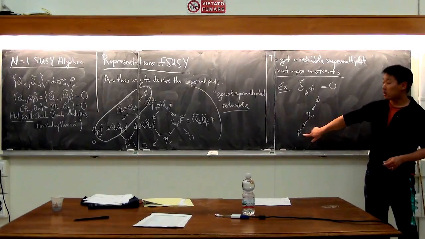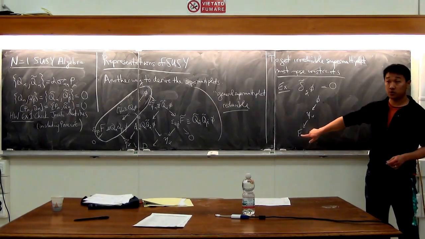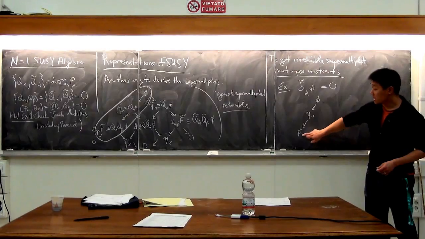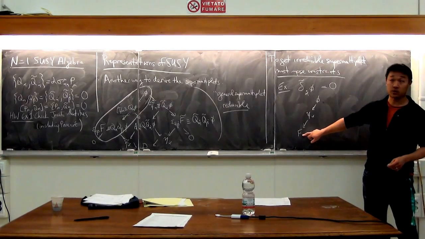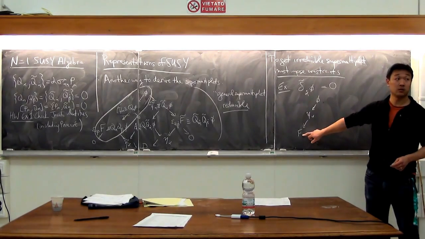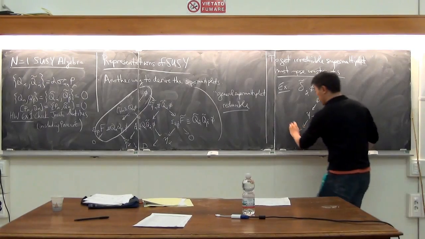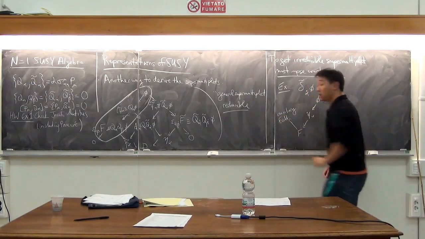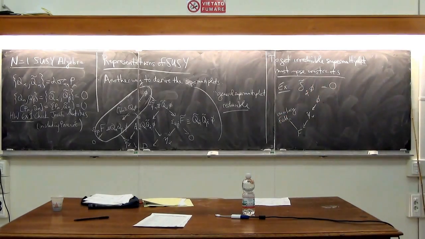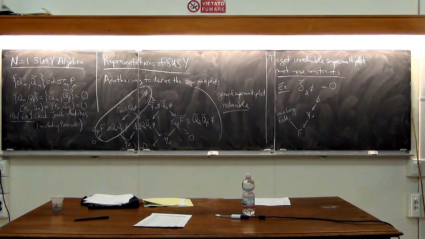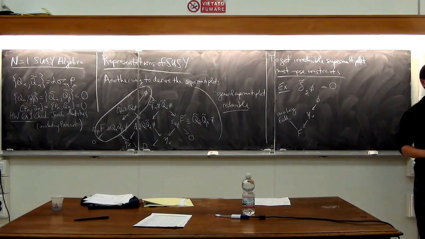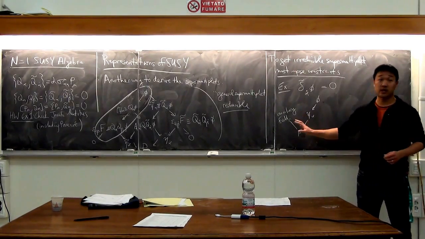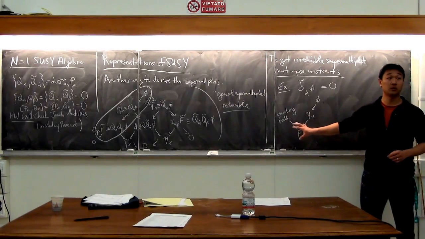Okay, so that paradox will resolve later when we construct Lagrangians. And we see that F actually is what's called an auxiliary field. And what it means to be an auxiliary field is that it has no propagating degrees of freedom. It has no dynamics. Okay? Another way to say that is that it has no kinetic term.